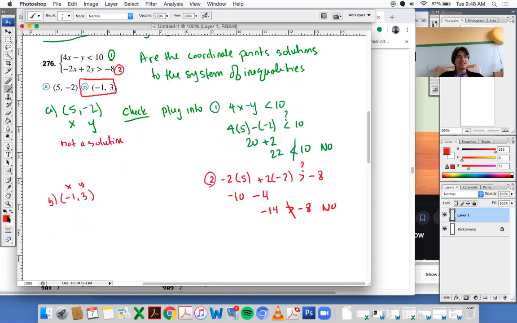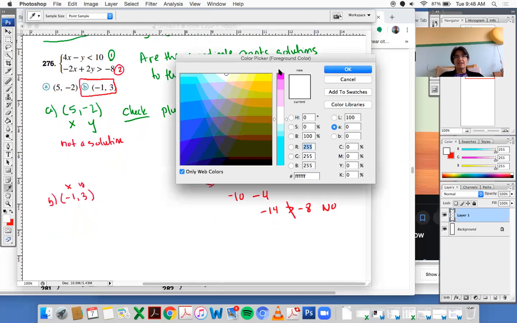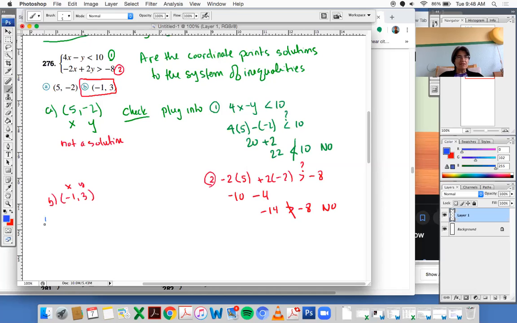Let's plug it into the first inequality. I'm going to write the first inequality here and plug in the values. So 4 times -1 minus 3 gives me -4 minus 3, which is -7. If I check to see if it's less than 10, that checks out. So the point checks out in the first inequality.